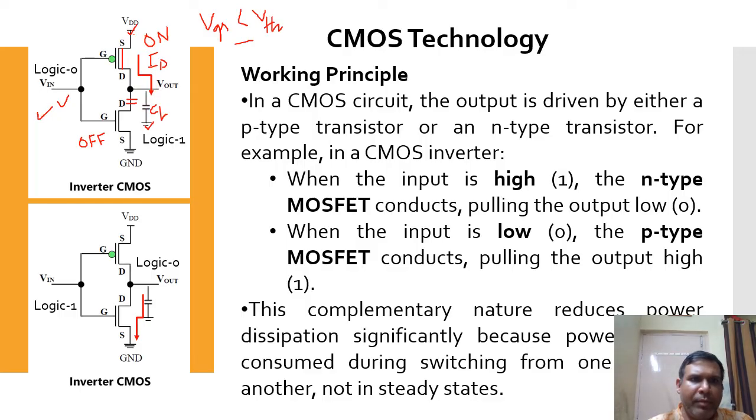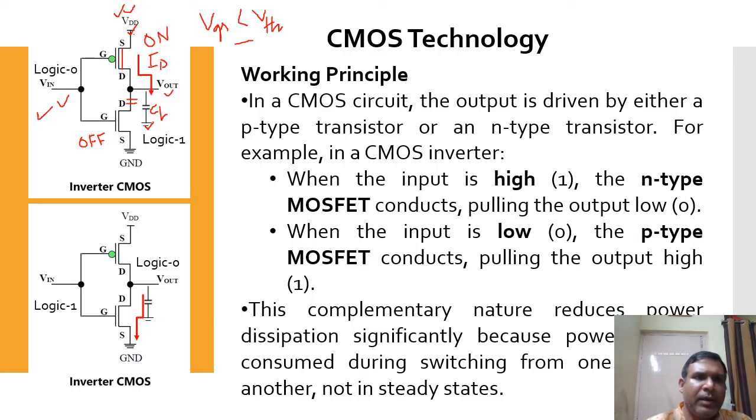So finally, if we measure the output voltage across the load capacitor, we will get the maximum voltage. It is like a charge transfer. Okay, so maximum charge transfer will happen from the power supply to ground, because as we know the electrical property of current is that it always tries to flow from high potential to low potential region. So that's why ID current will flow from high potential to low potential region.